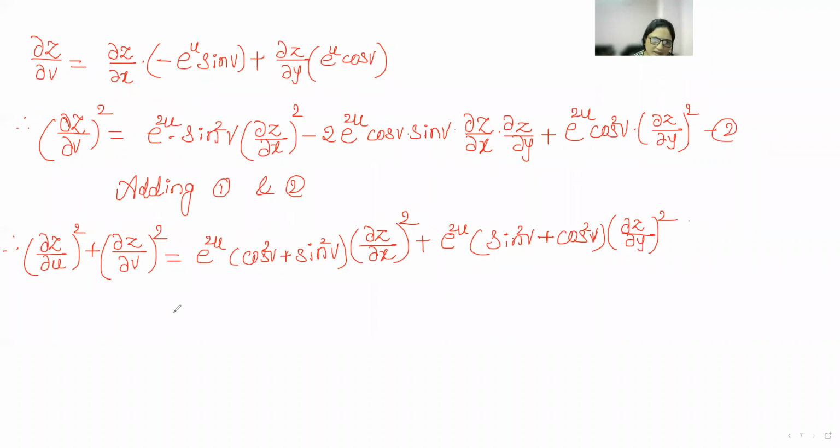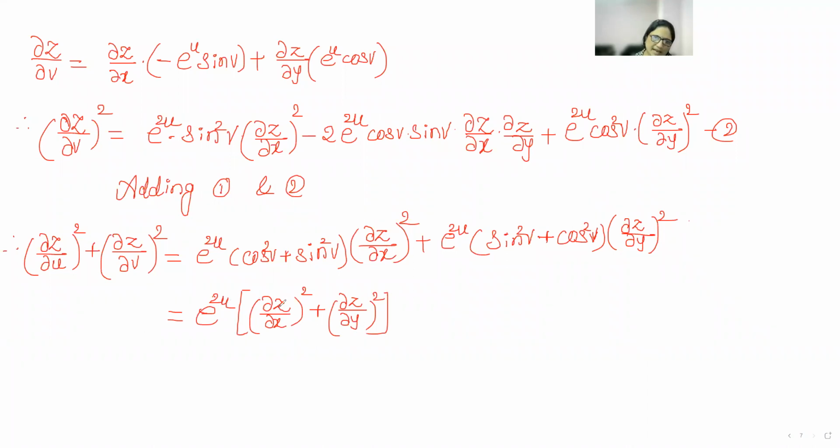And here this bracket gives the value 1, and this bracket is also 1. By taking e raised to 2u as a common term, dou z by dou x bracket square plus dou z by dou y bracket square.